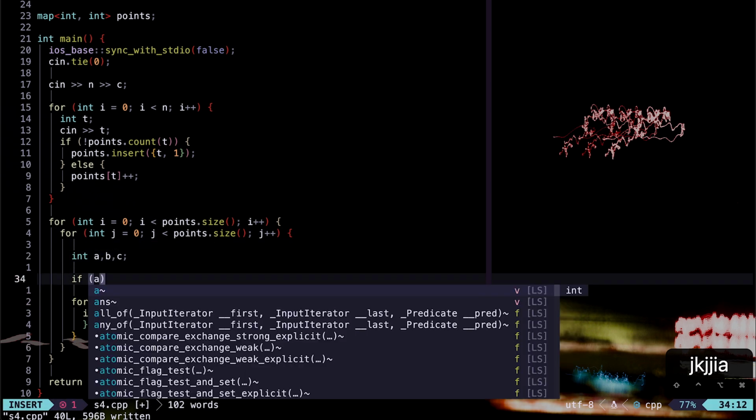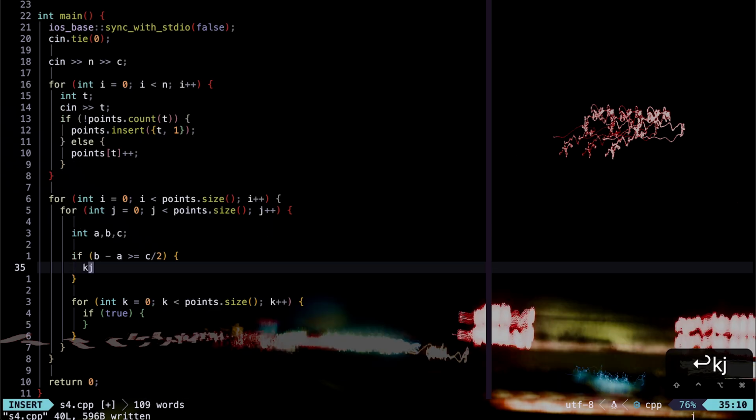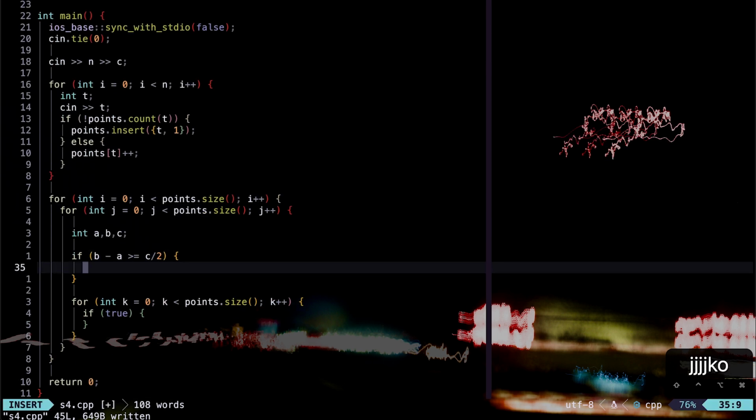But if, let's say A, B, C. Right? If B minus A, as B will always be larger, right, is greater or equal to C divided by 2, then we say break.